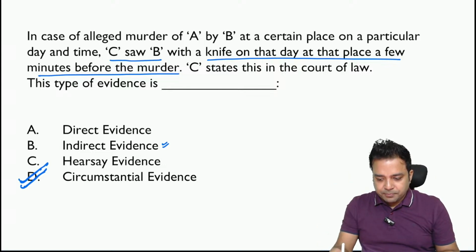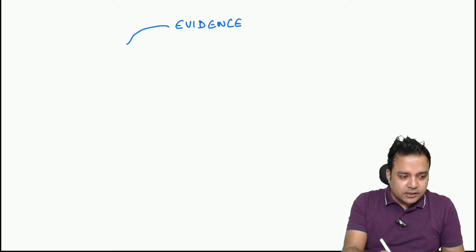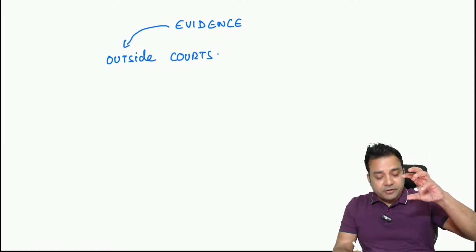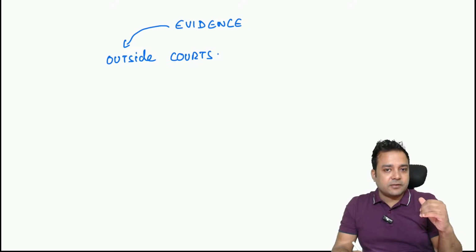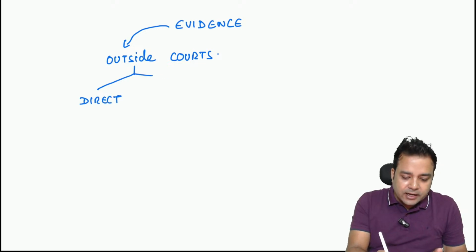Just quick recap. I can divide evidence outside courts because many of you are answering wrong. So I thought of covering this. Outside courts, evidence can be acquired by a witness, no? So outside courts, evidence is classified into direct and indirect evidences.